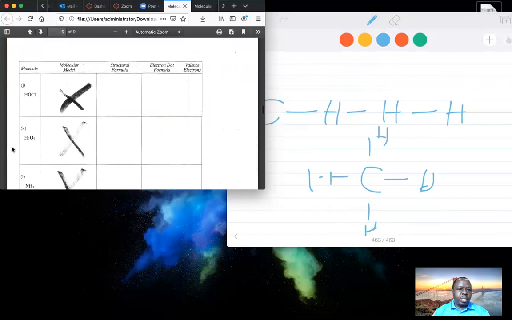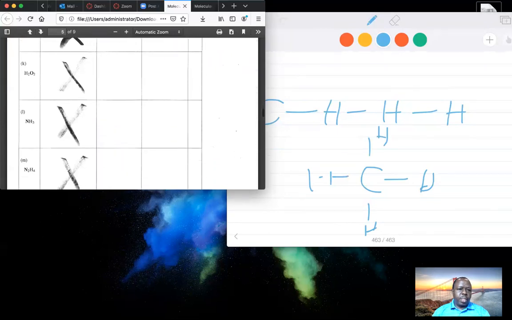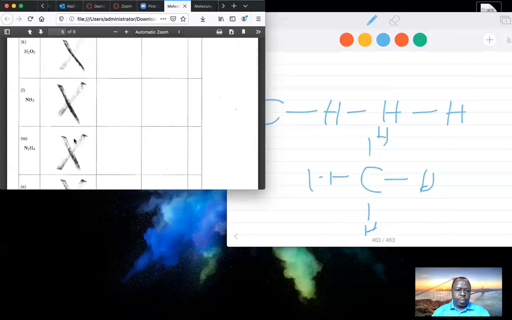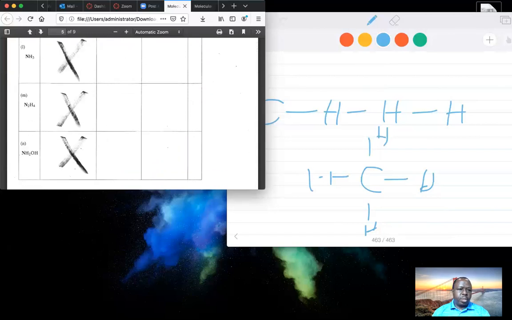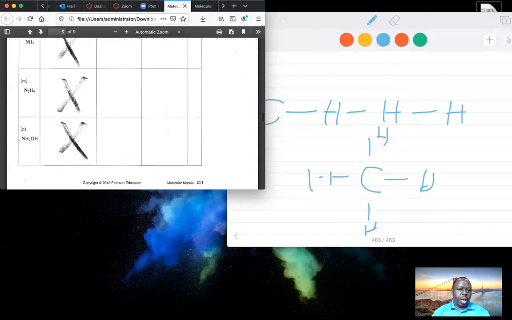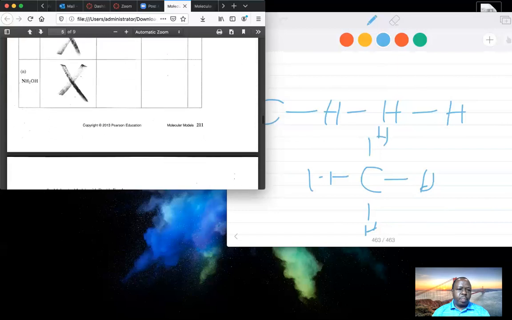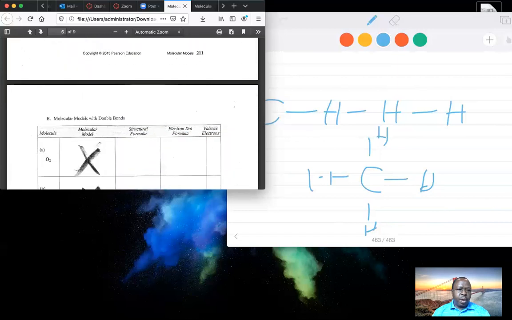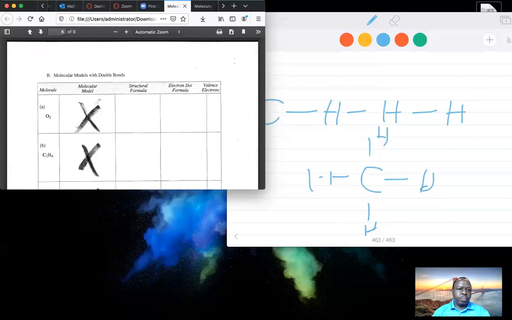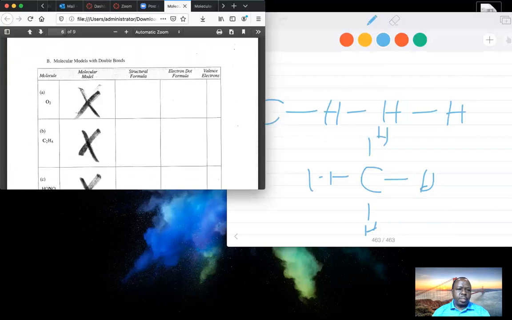If I look at this, this is the central atom, all right? You cannot look at that too, that is the central atom. If you look at the N2, two hydrogens, you have to do the same thing for that. Now, our double bond here, I'm going to show you where a double bond is.